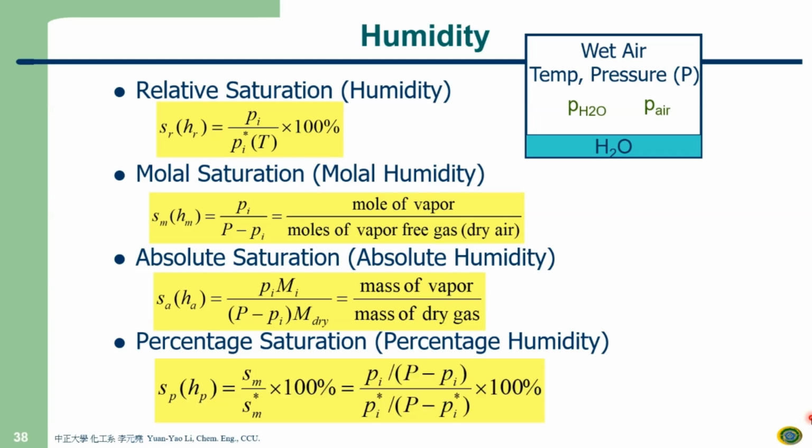And another one is percentage of saturation. I think among these four equations, the most important is relative saturation, because RH is the one you see most of the time.